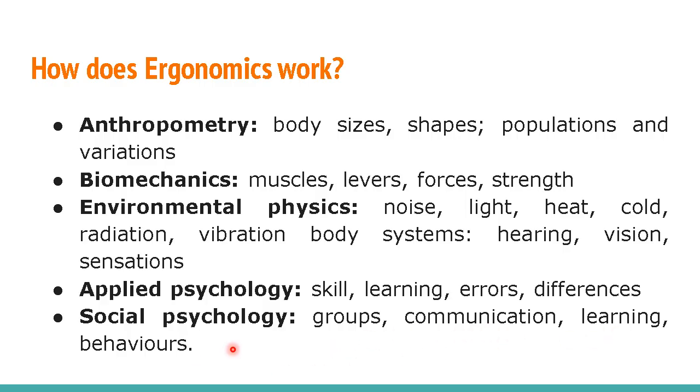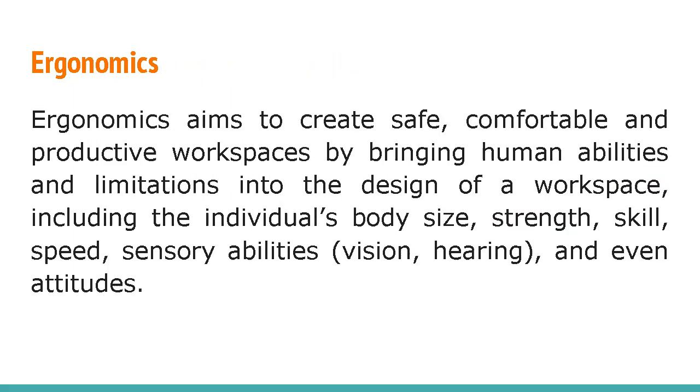Ergonomics aims to create safe, comfortable, and productive workplaces by bringing human abilities and limitations into the design, including individual body size and strength, skill, speed, sensory ability, vision, hearing, and even attitudes.